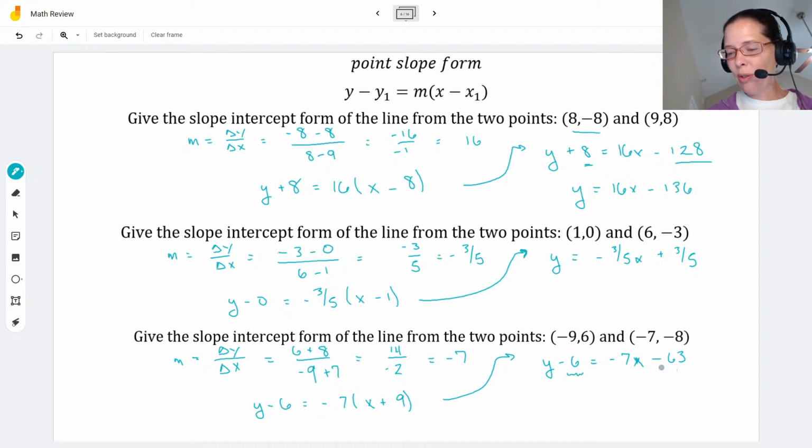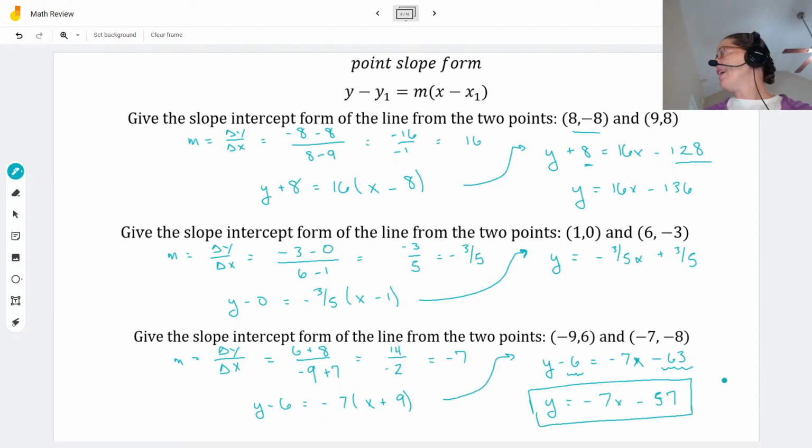Let's just combine like terms so we can get y alone there. That is going to be -57. Okay, so that is our equation for the line. Any questions? No questions. All right, great. So that's it for doing point slope form, and that is it for our linear equations.